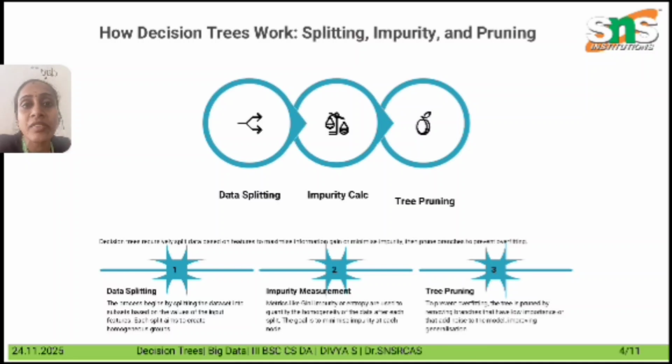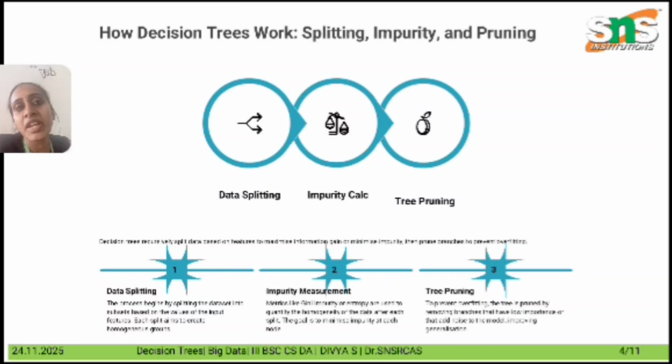Each split aims to create a homogeneous group. Next, impurity calculation: impurity measurement is used to quantify the homogeneity of the data after each split. The goal is to minimize the impurity at each node.